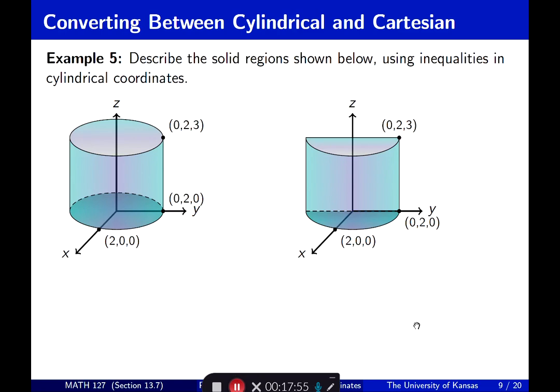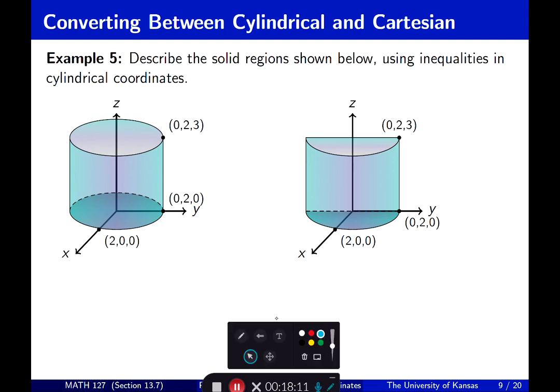Example 6. Describe the solid region shown below using inequalities in cylindrical coordinates. It makes sense that we describe cylinders using cylindrical coordinates. A lot of times when you see cylinders, you tend to use cylindrical coordinates.